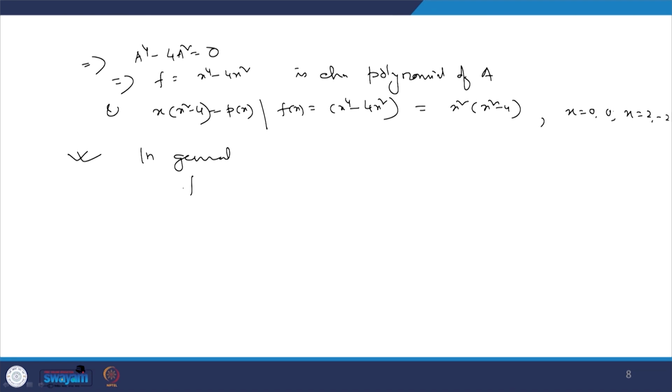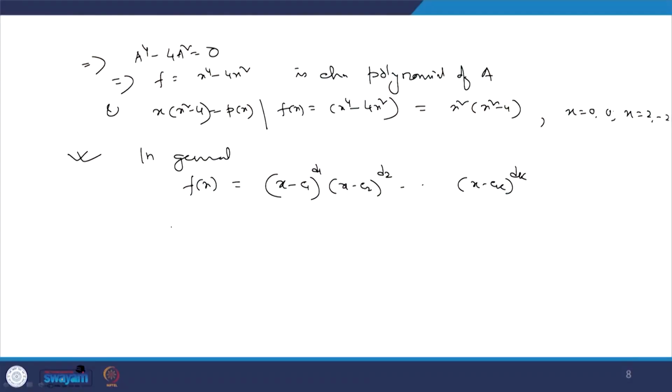In general, if f of x is written like this, let us consider x minus c1 power d1 into x minus c2 power d2 and so on up to x minus ck power dk, where c1, c2, ck are the distinct eigenvalues, then di is known as the algebraic multiplicity of the eigenvalue, that is your Ci.